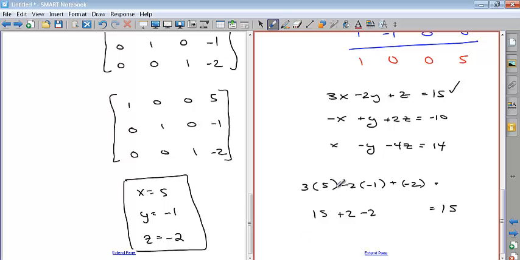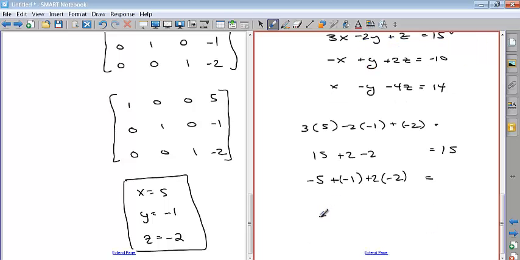The second equation, we have negative x, which is 5, plus y, which is negative 1, plus 2 times negative 2, equals something. So we get negative 5 minus 1 minus 4. That's going to be negative 10, which is correct.